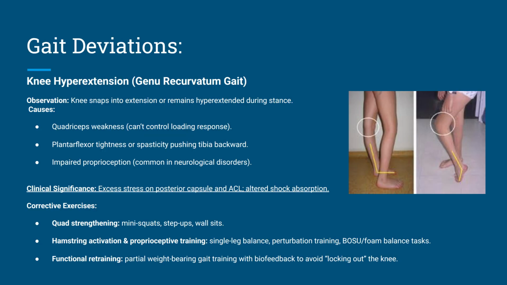The patient cannot control knee flexion, so they rely on passive locking, or the ground reaction force rapidly shifts anterior to the knee, creating an extension moment too early.